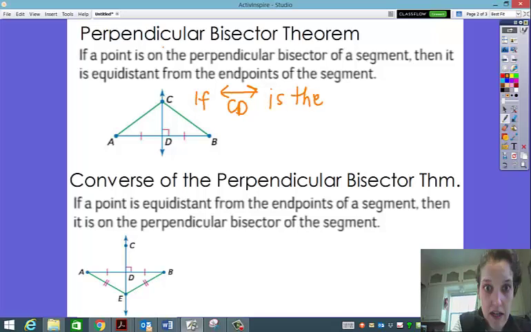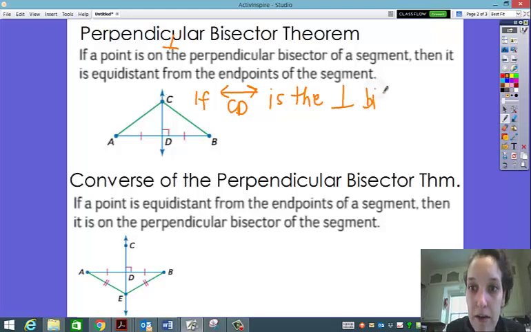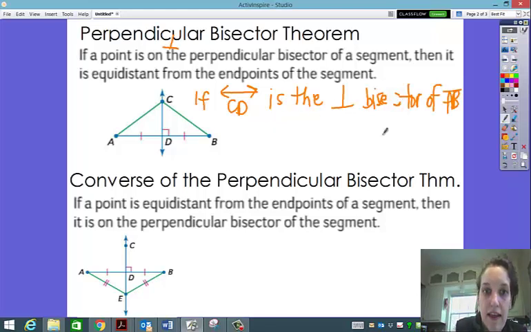If line CD is the perpendicular bisector of segment AB, then the distance from this point C to each endpoint will be the same.